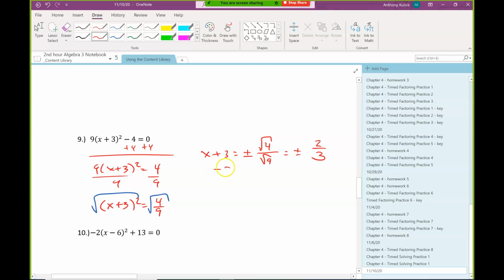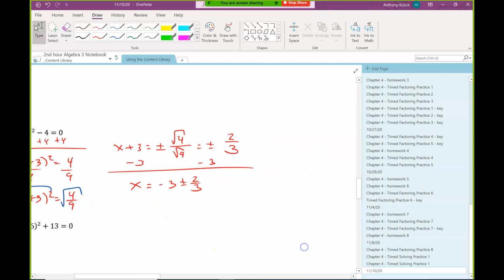So then all I'm left to do is subtract 3 from both sides. So I have x is equal to negative 3 plus or minus 2/3. But this I can combine, right? There's no reason I can't combine 2/3 and negative 3. But because of the plus or minus, I have separate problems. So I have to do negative 3 plus 2/3 and negative 3 minus 2/3.